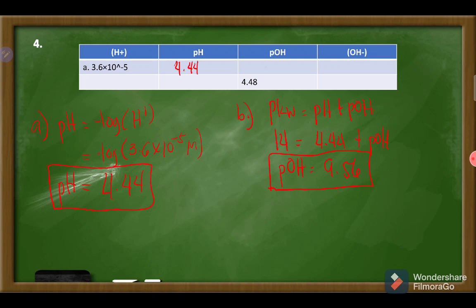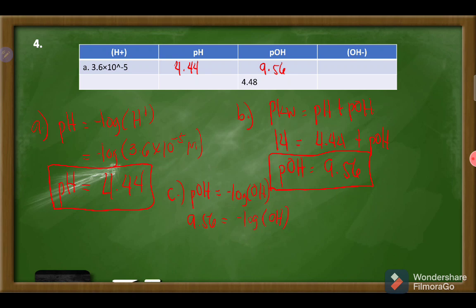So that is the value of pOH. Okay, so we can input here 9.56. Now we are going to solve for the OH. Using the formula of the pOH, pOH is equal to negative log times OH. So the value of pOH is 9.56, equal to negative log OH.